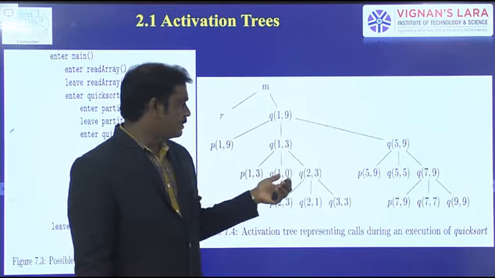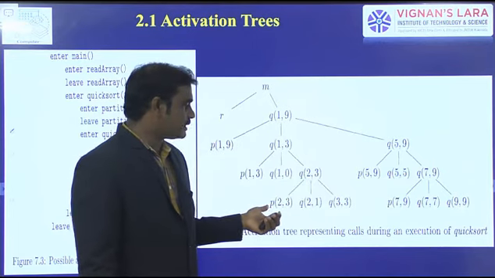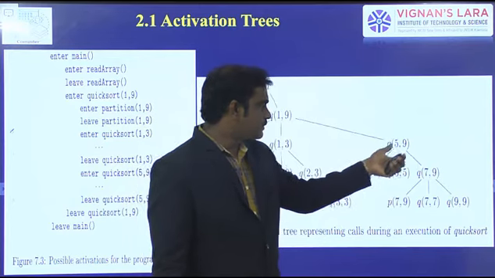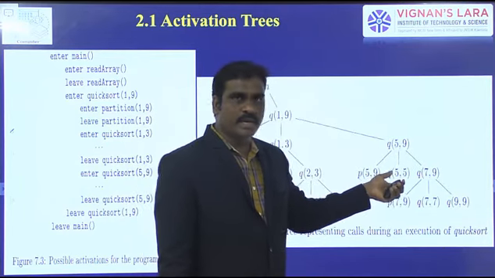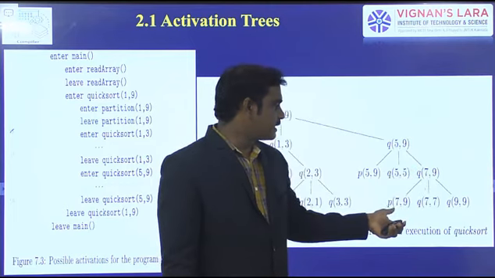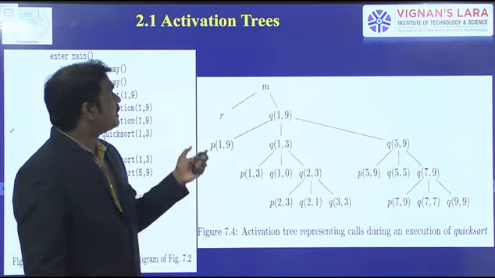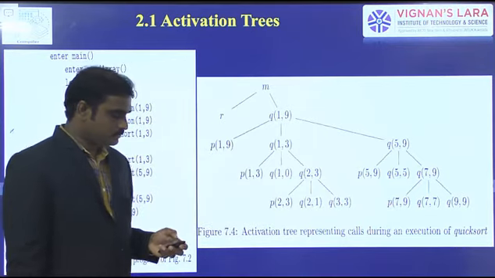Again as per the rule, Q 1, 0 and Q 2, 3, with partition 2, 3. Like that, Q 5, 9, partition 5, 9, Q 5, 5, Q 7, 9, then 7, 7 and 9, 9. In this way we can draw the activation tree for the quicksort program.